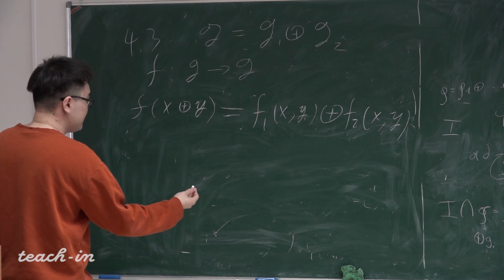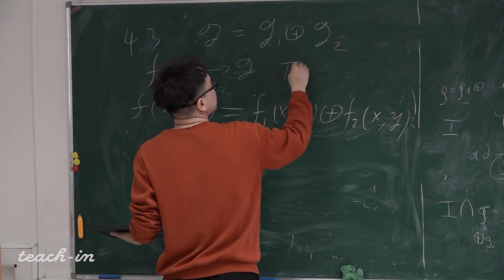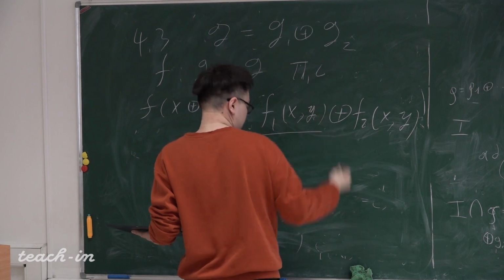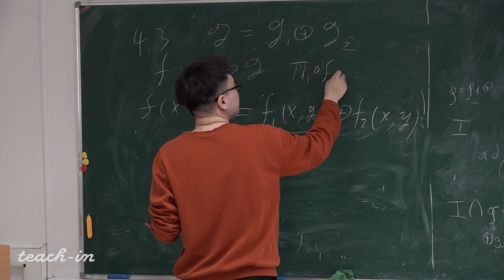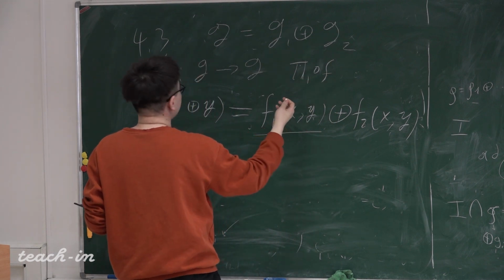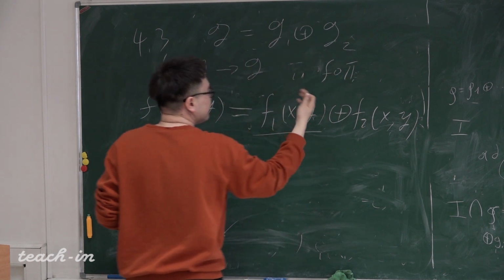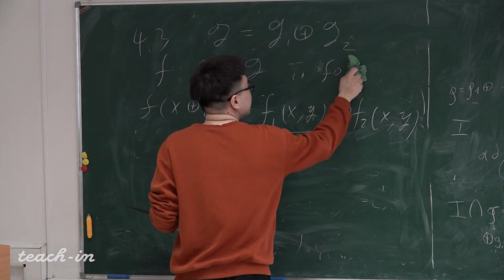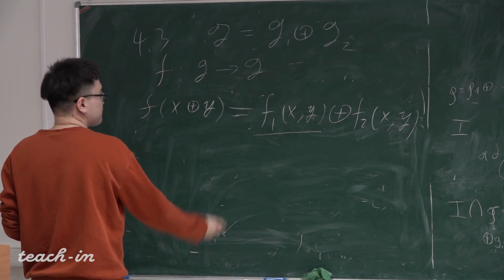F1 is the first component, the pi 1 component: the image of this is in G1. And F2 means the image of x is in the second component.